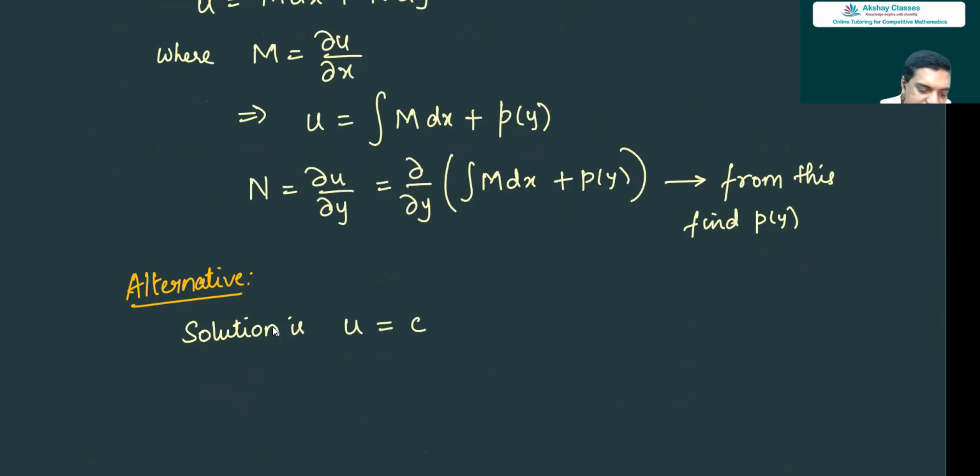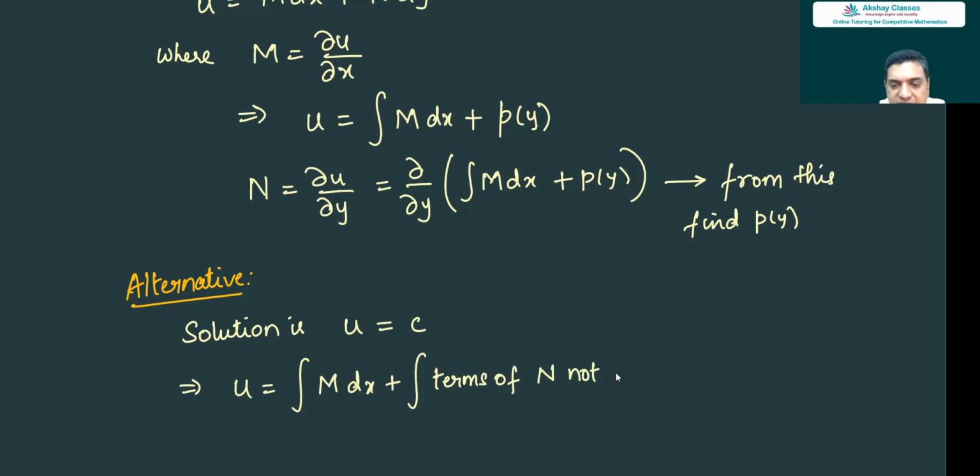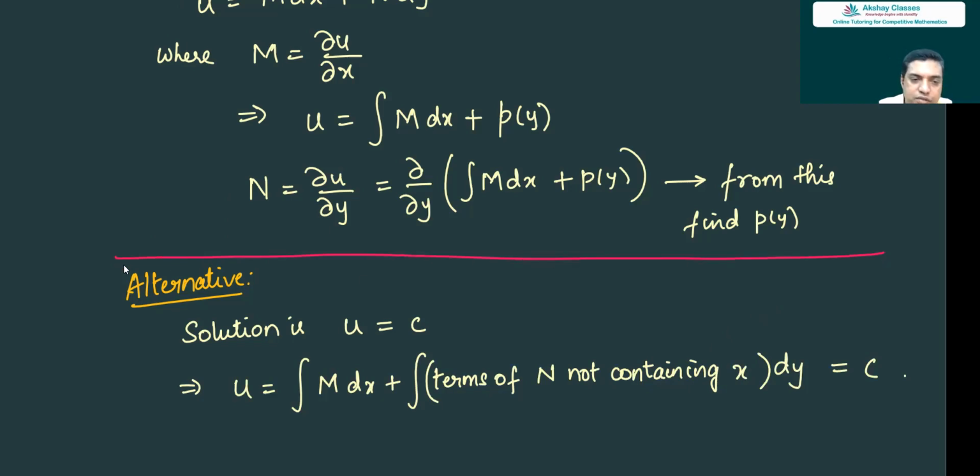Now u is the integral of m dx plus the integral of the terms of n not containing x, times dy, is equal to c. This is a recommended alternative solution.